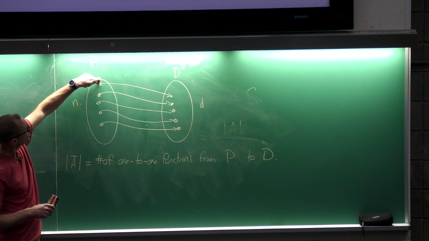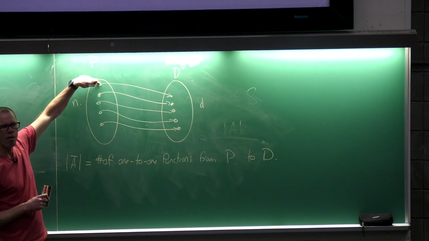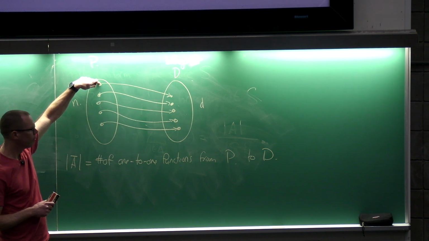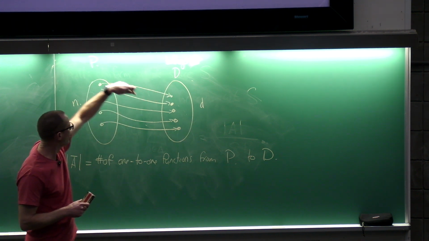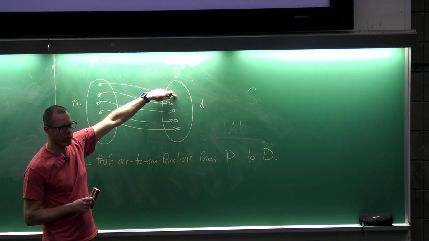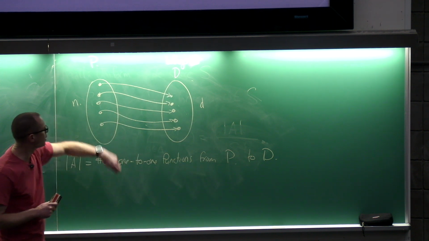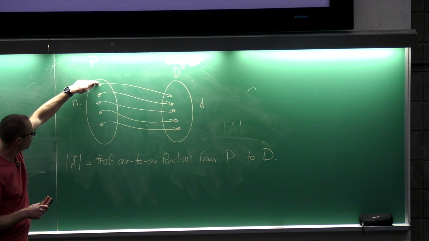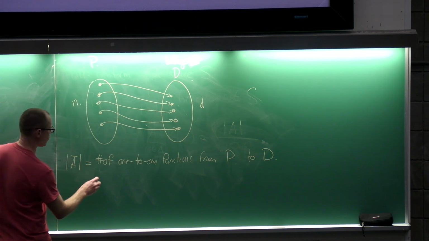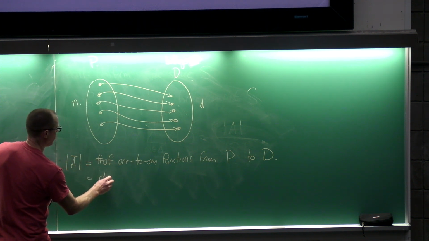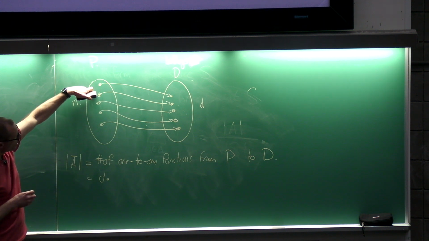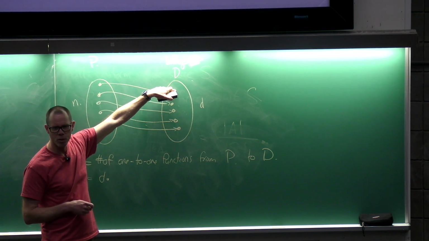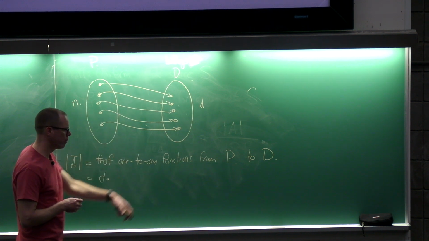How many choices does this first person have for their birthday? 365, or D in the case of a year with D days, because we would like this to work on other planets as well. So this first person has D choices for their birthday, and the second one can pick any of the D minus 1 other days that were not chosen for the first person's birthday.